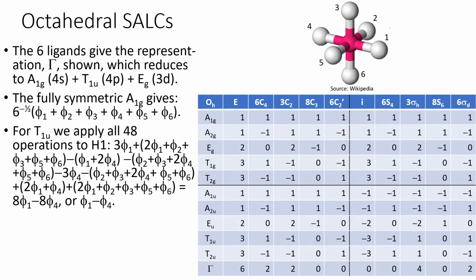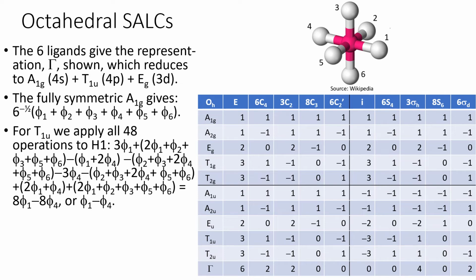Rather than going through every single one of these, as we did in a previous example, you can simply see that we're just collecting where H1 moves to using each of these operations in turn. Once we add them all up, it comes to 8 phi 1 minus 8 phi 4. Again, we can express this as the simplest integer ratio, making sure that the relative signs are still there.